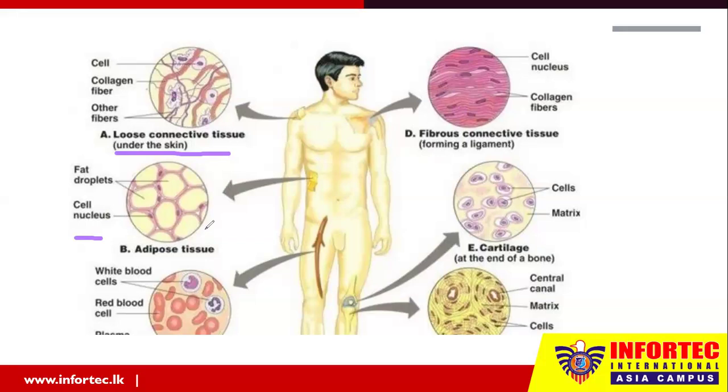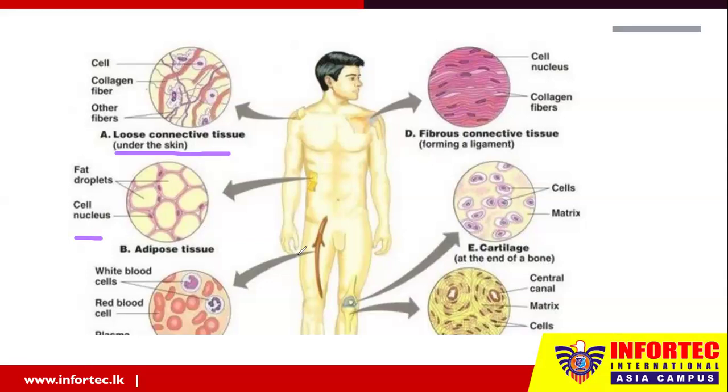Then we can take examples of dense regular tissues and dense irregular tissues. As dense regular tissues, we can take tendons and ligaments. These dense regular tissues are strong.